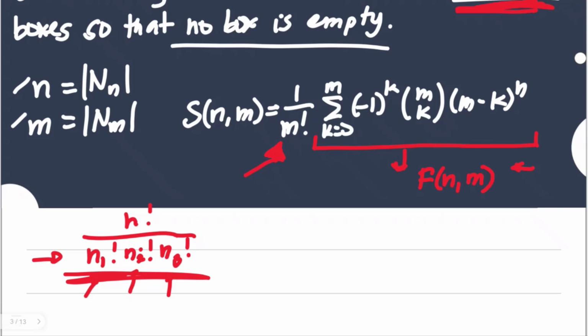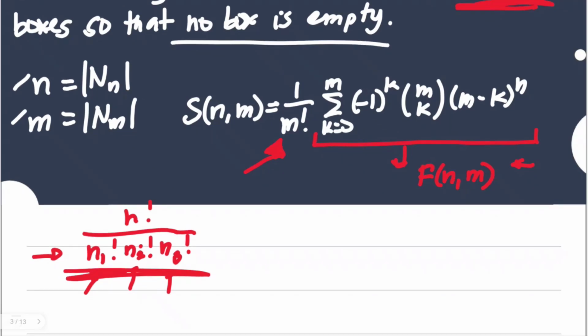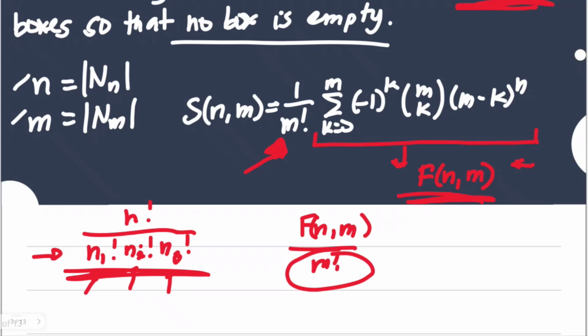That's why we have m factorial. We can rewrite the formula as the number of surjective functions over just m factorial. This indicates permutation of a multiset. That is the only factor that is different. So from the number of surjective mappings, you can get the Stirling number of the second kind simply by multiplying it by 1 over m factorial.